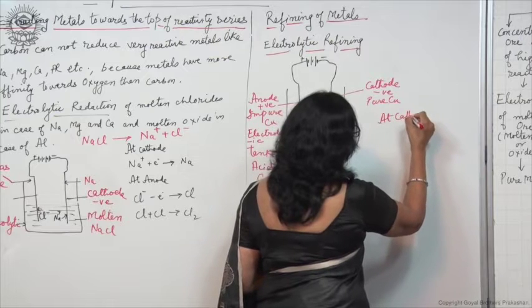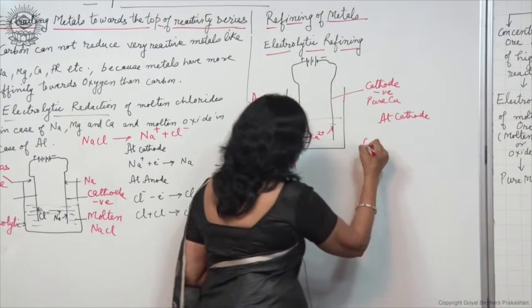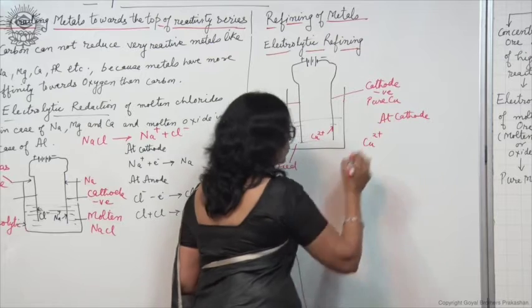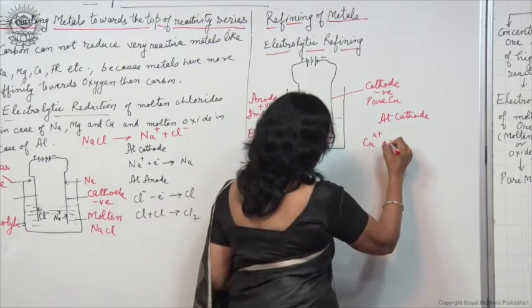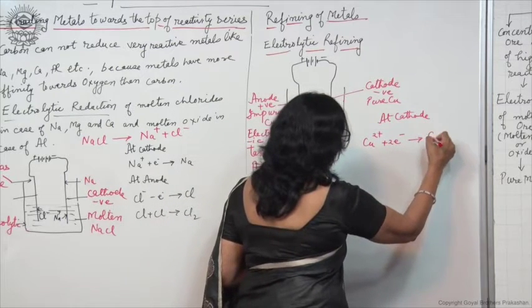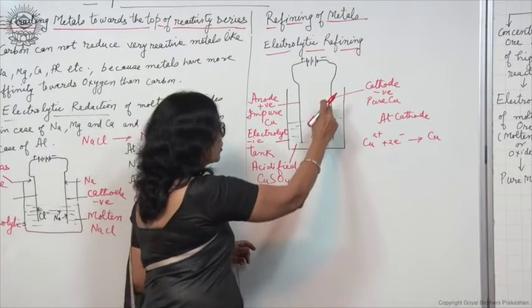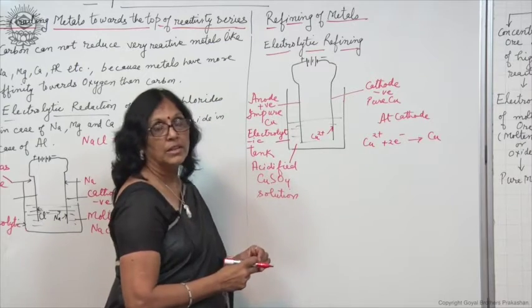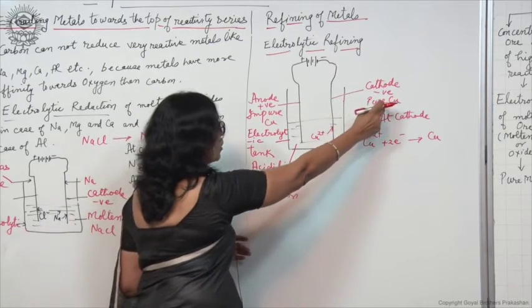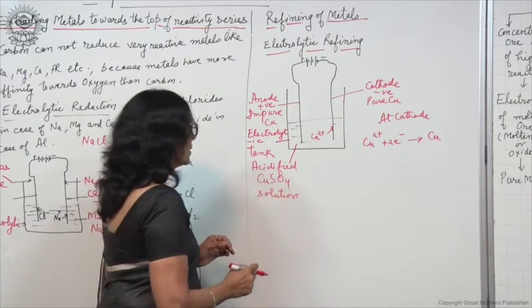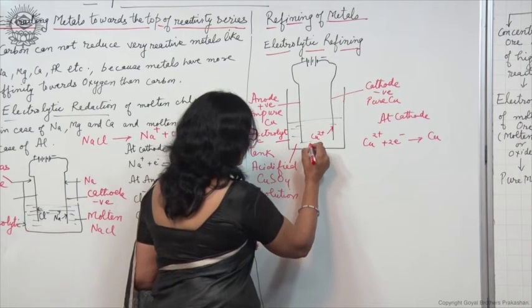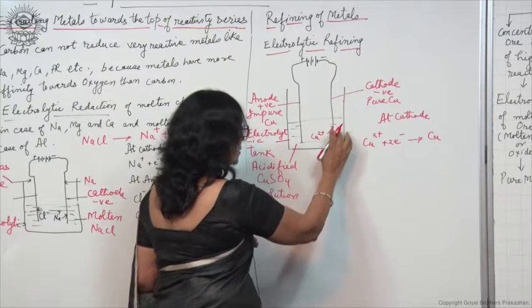Let us see. Copper ions go towards cathode and gain 2 electrons and form copper metal. So, pure copper gets deposited on the surface of the cathode, which is already made of pure copper. In the solution there are copper ions, so these are going there.